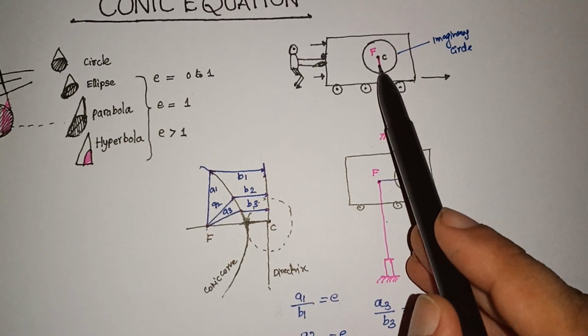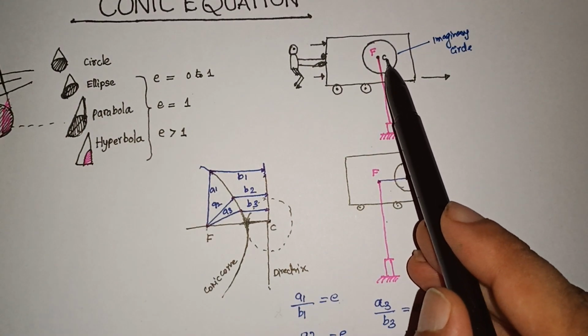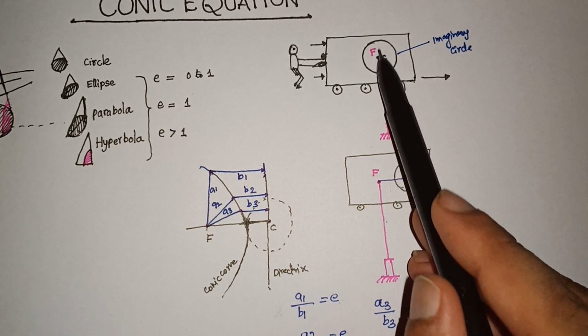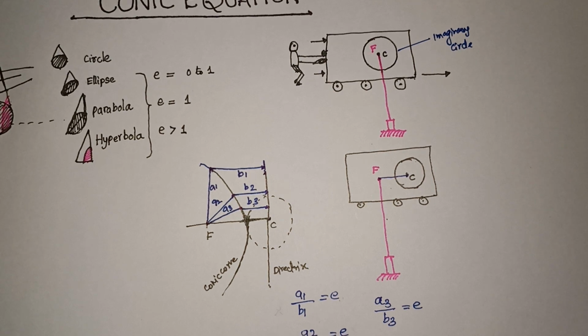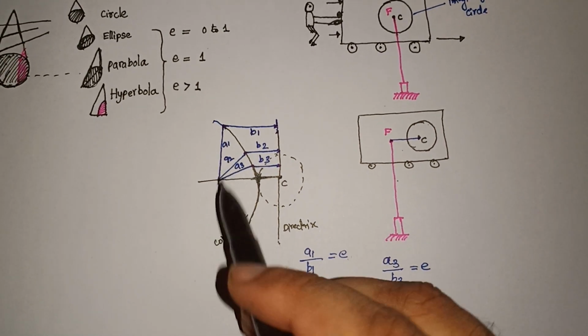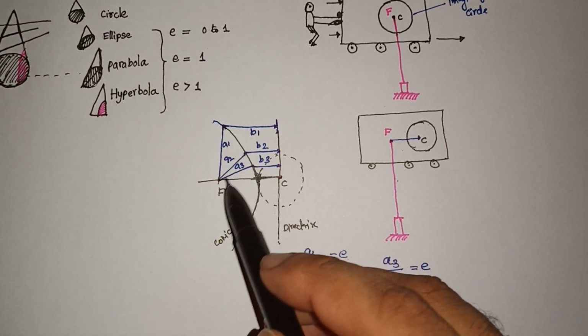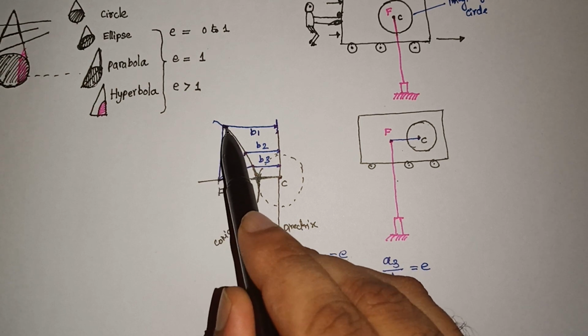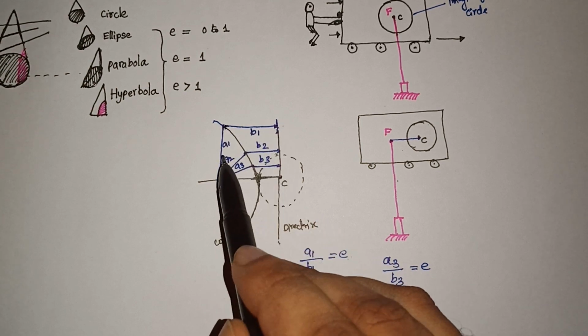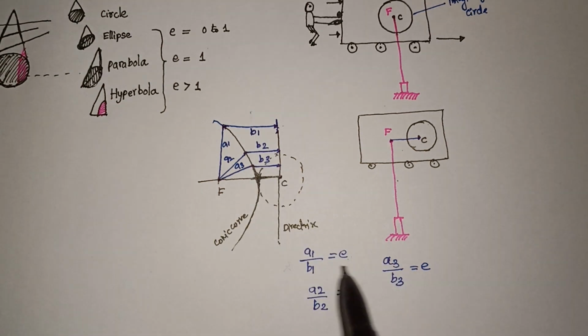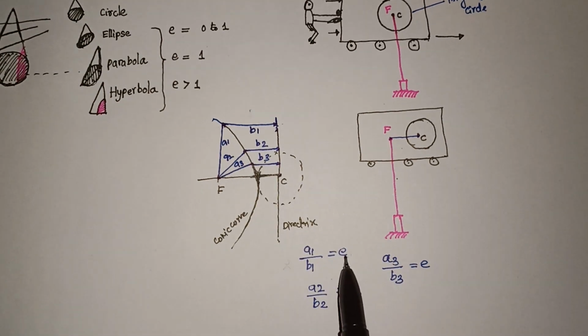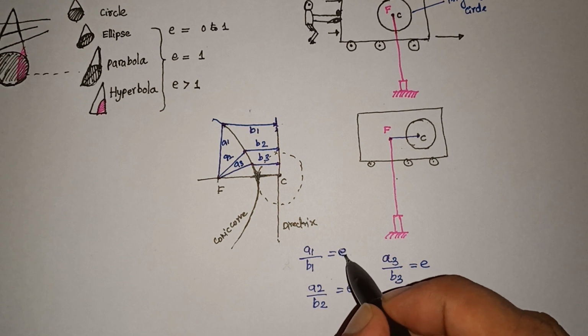That means it is going to hit onto the imaginary center and forms an equidistant point, which ultimately results in a circle. I hope this concept is clear. Anywhere if you draw any lines here, A1, A2, A3, and divide by the lines from the point to the directrix, A1 by B1 is going to be your E value, which we have already seen. So this thing you have to keep in mind.